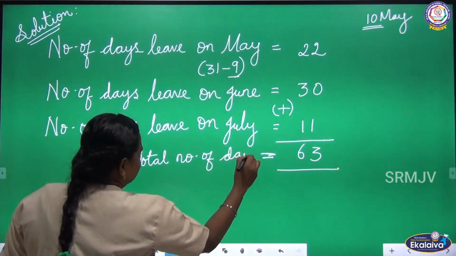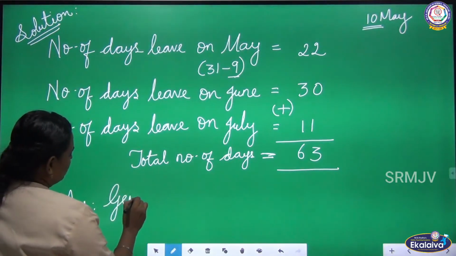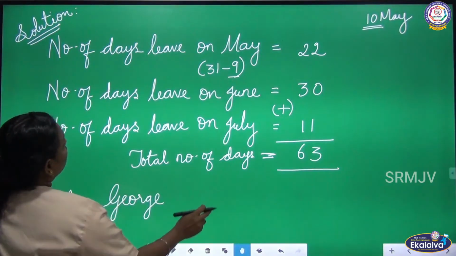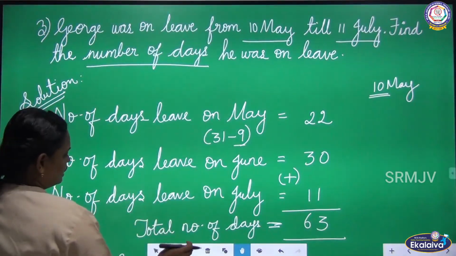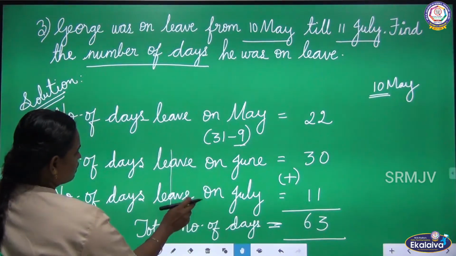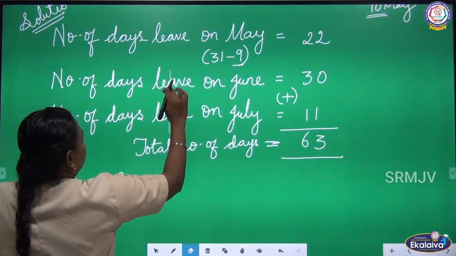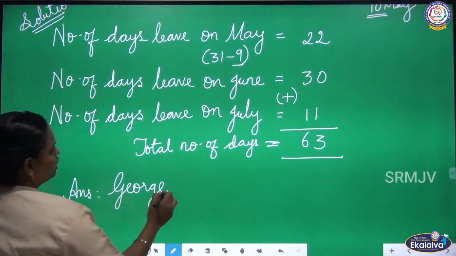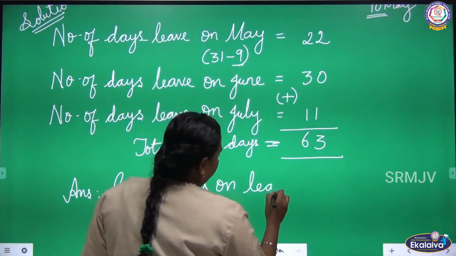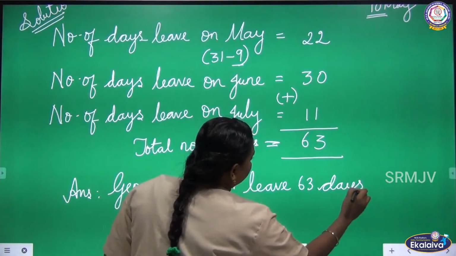George was on leave 63 days. How many days, children?